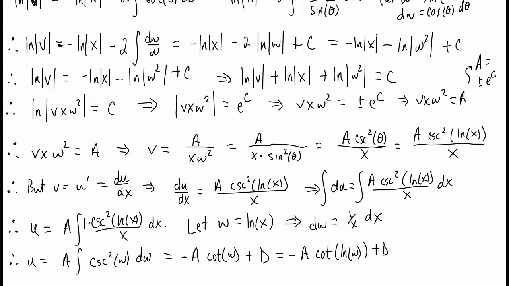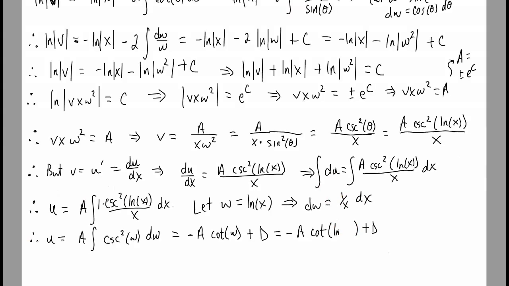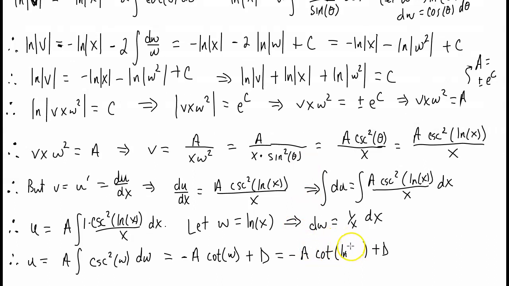Okay. And so this is what our function is, but I put natural log of w. That should be natural log of x. Let me change that. All right, and so that'll be natural log of x there.